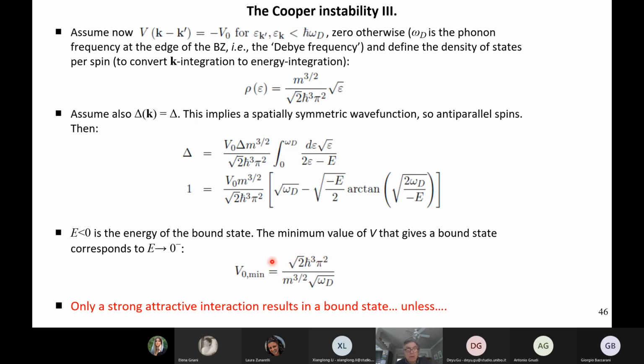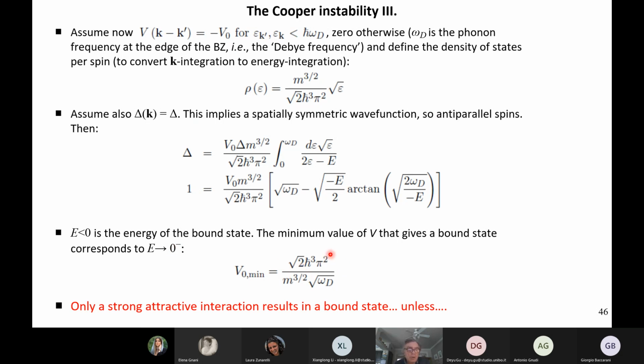So you must have a very strong potential. Again, this is the critical value that the attractive potential V0 has to have in order to have an infinitesimally small negative bound energy, okay?